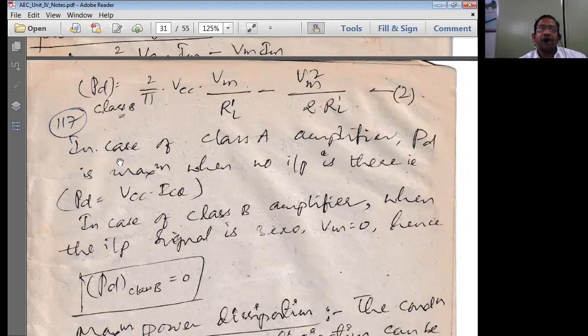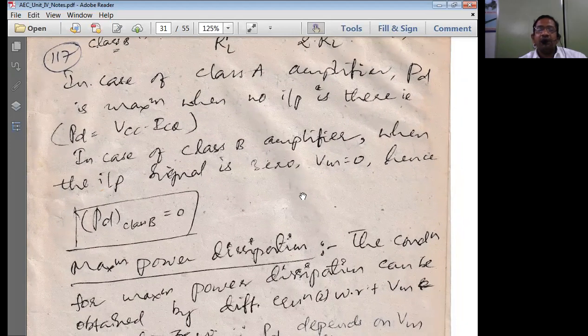So if you look into the class B type of power amplifier, if the input is not there, then Vm is zero. Vm is zero means what? This entire power dissipation PD becomes equal to zero. Now, what is the conclusion we can make? In the case of this class B power amplifier, when the input signal is zero, that is Vm equal to zero, the power dissipation is also equal to zero.